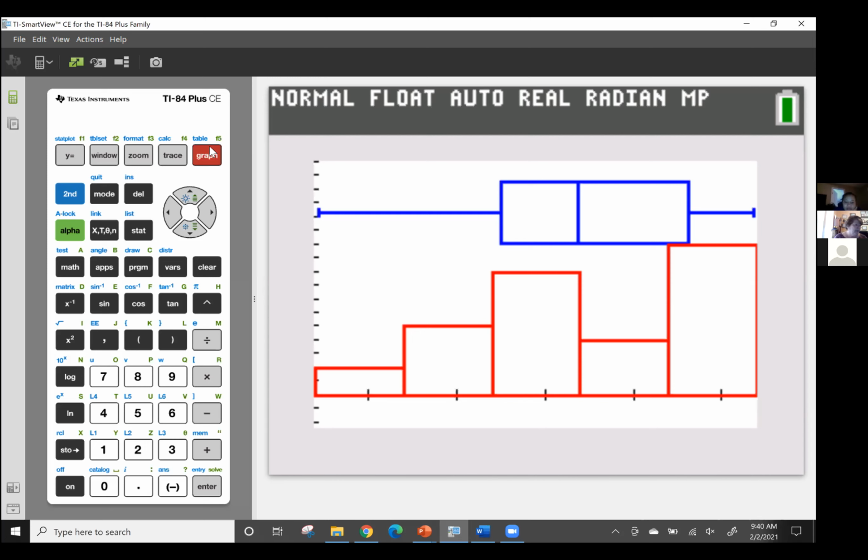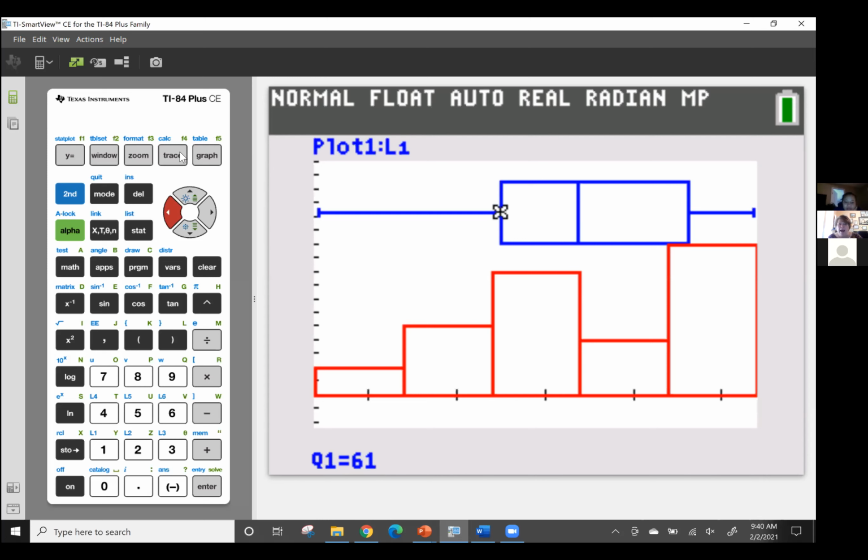So if I turn on the trace, hit the trace button, when I turn that on, it blinks on the median. So again, you can see the median is 73. If I arrow to the left, I can see the first quartile is 61.